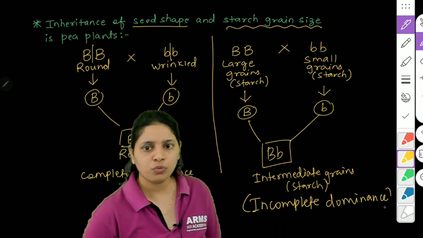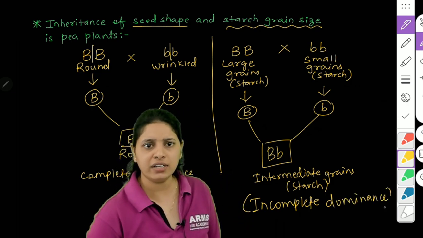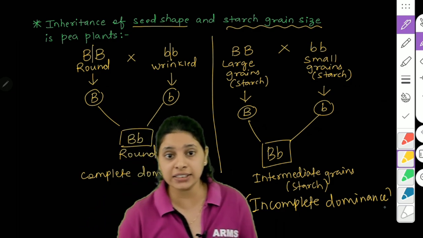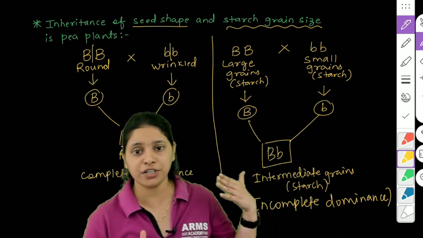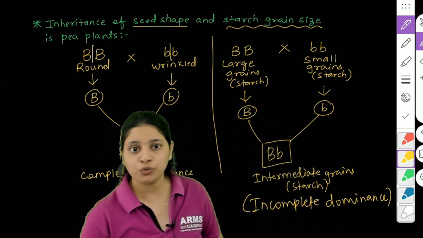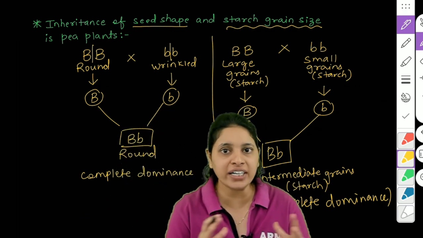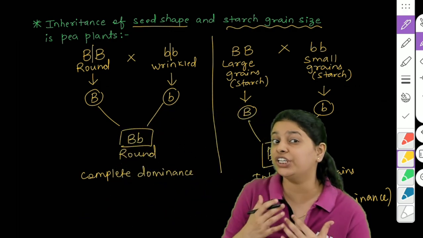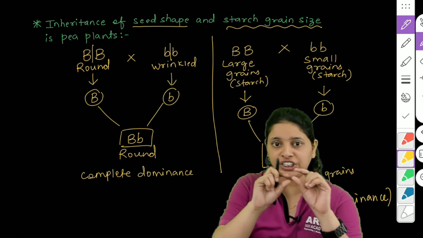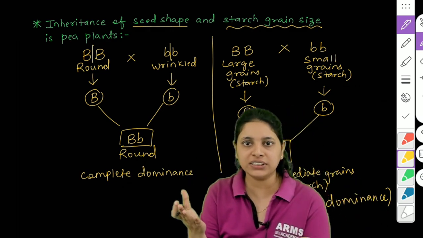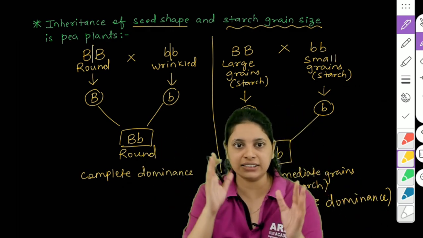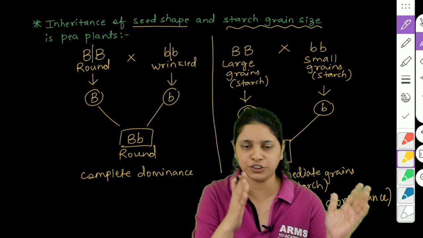The question is, same gene, but in one case there is complete dominance and in the second case we have incomplete dominance. So what we can conclude here is that dominance is not an autonomous feature of the gene itself. The gene has some sequence of nucleotides, capital B and small b.